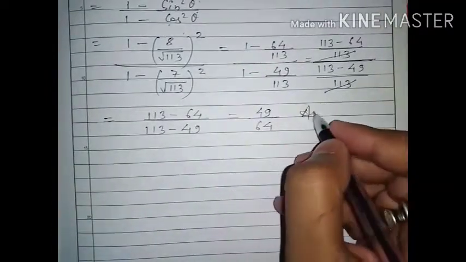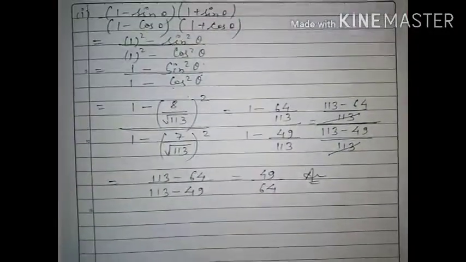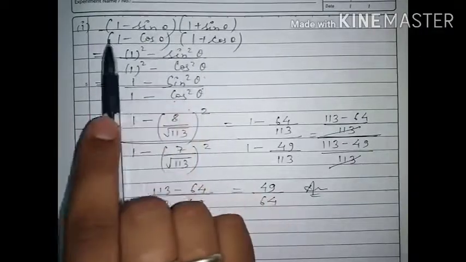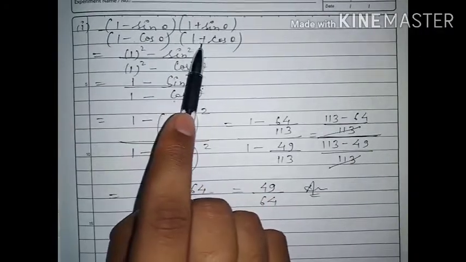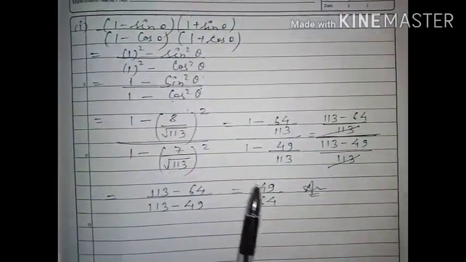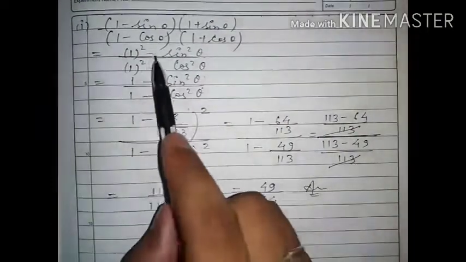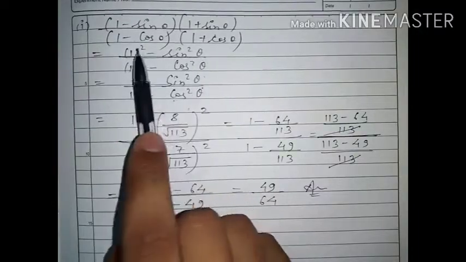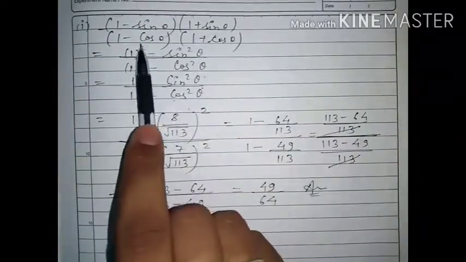So this is our answer. Okay, this is the value of 1 minus sin theta, 1 plus sin theta by 1 minus cos theta, 1 plus cos theta. In this way we will solve this. Here we apply the algebraic identity A plus B and A minus B, that is A square minus B square.